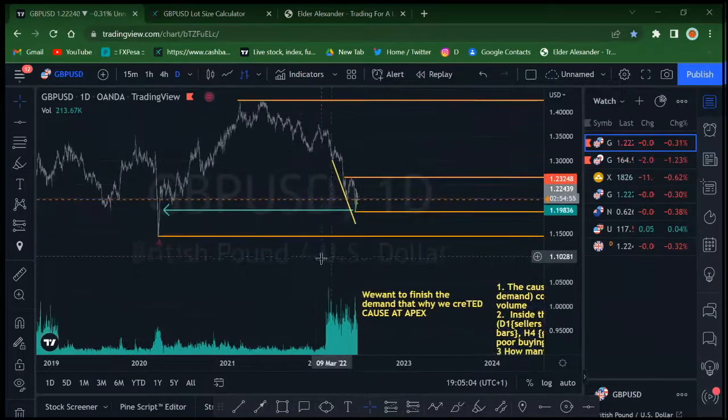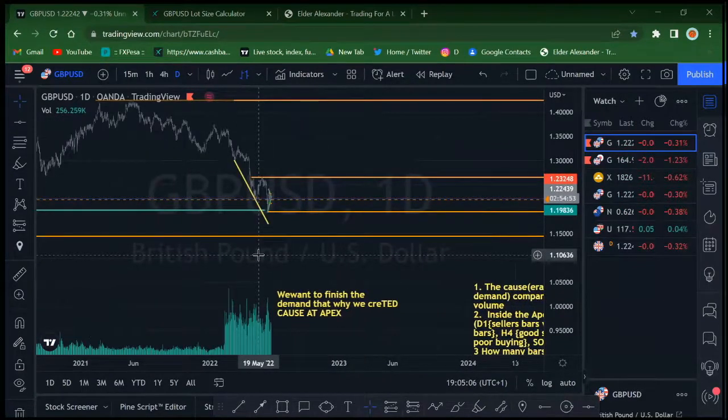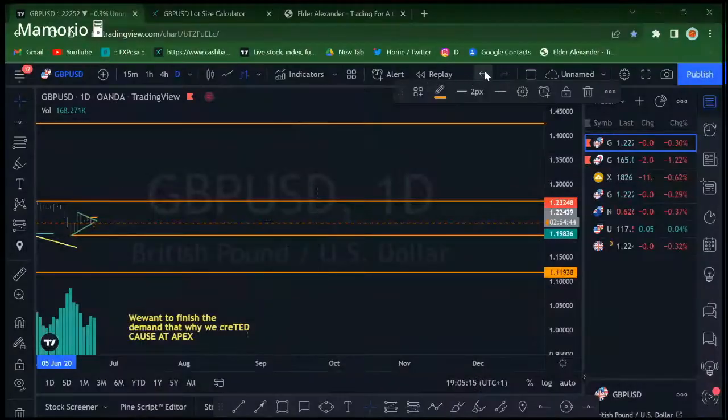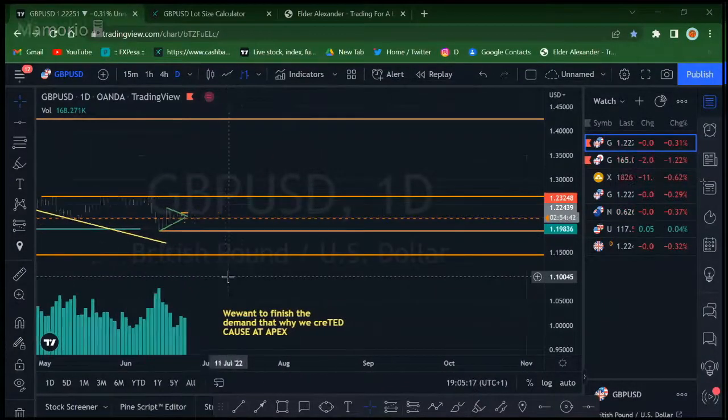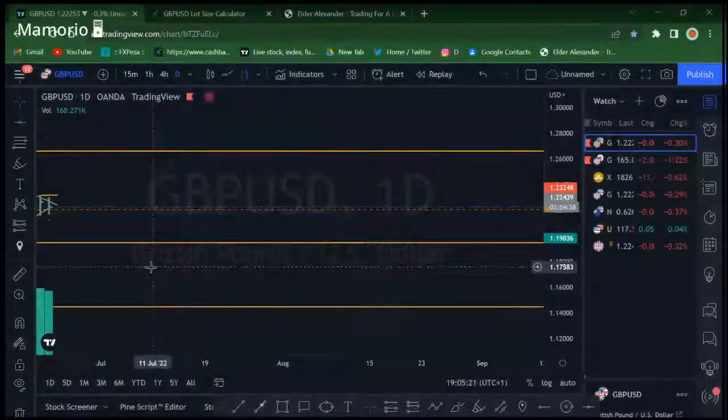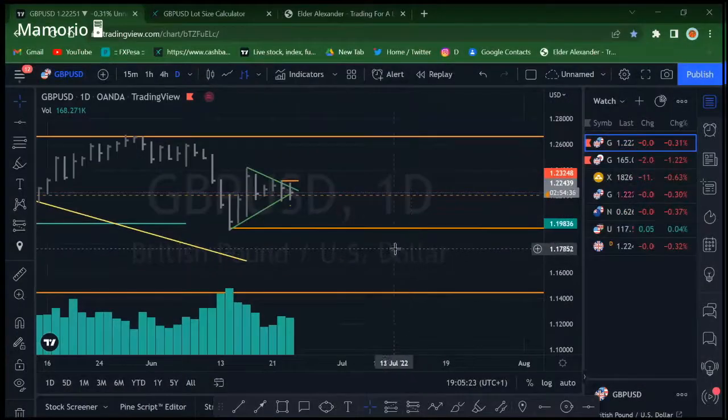Okay. So that apex was spotted here at the return frame. You can see the apex. The apex is clean, good.